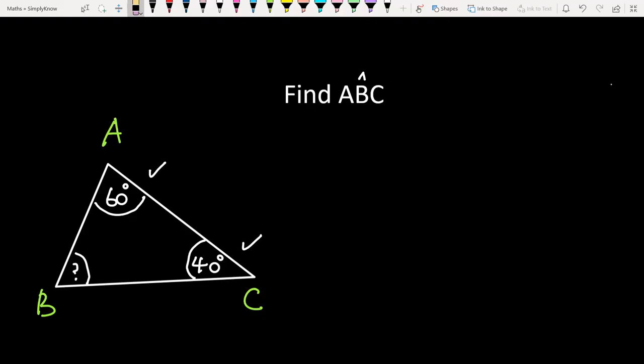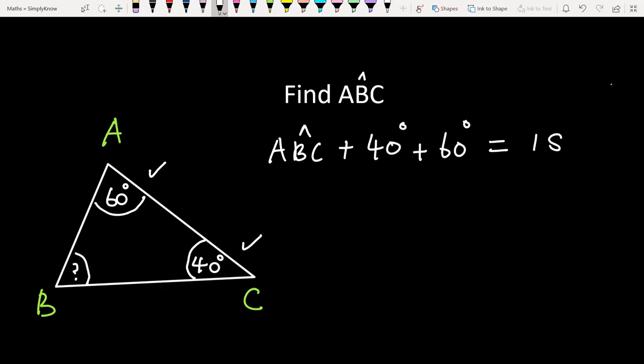So let's write this as an equation. Angle ABC plus 40 degrees plus 60 degrees equal to 180 degrees. Now let's solve this equation and find the value of angle ABC. 40 plus 60 is 100.